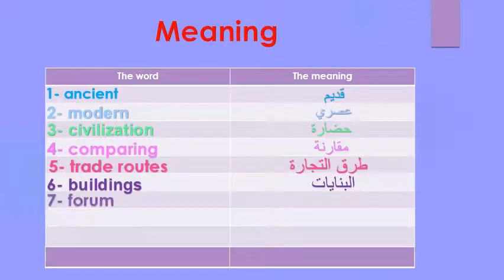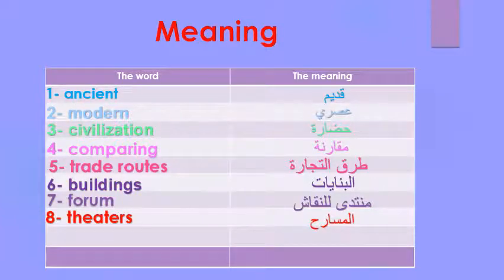Number 7 forum, and it means منتدى للنقاش أو منتدى للاجتماع. Number 8 theaters, and it means المسارح. Number 9 baths, and it means الحمامات. Number 10 and it is the last word, track, and it means المسار.